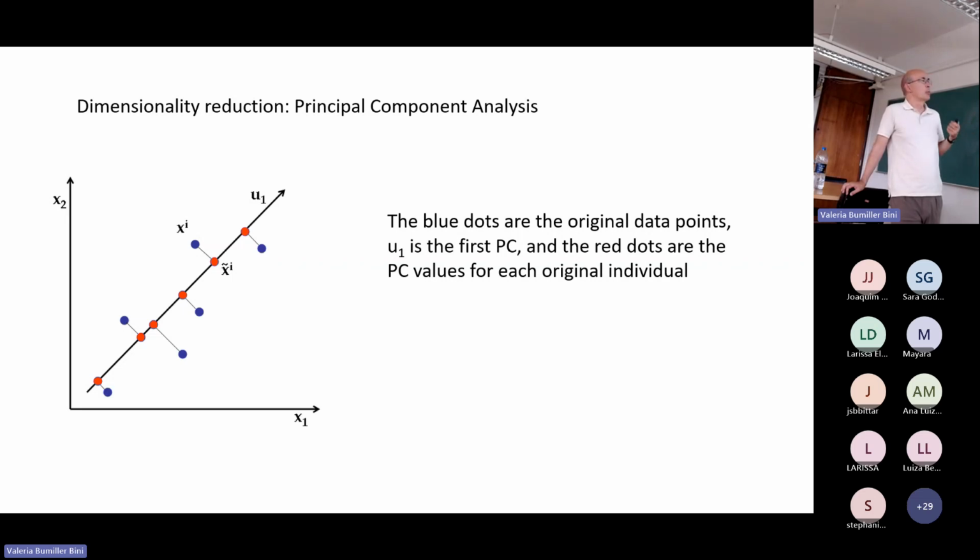We get the red dots, which, if we turn this line into a single axis, would be the coordinates for the first principal component of our data. But then we have this value here, the difference between this point and its projection. We can work with that to extract the next principal component. This variation is independent, a residual of what we capture with the first principal component.